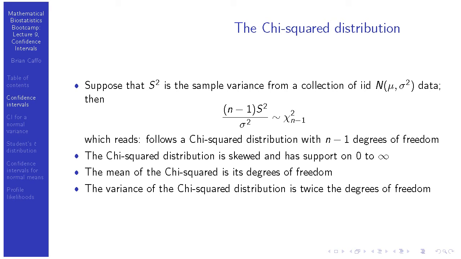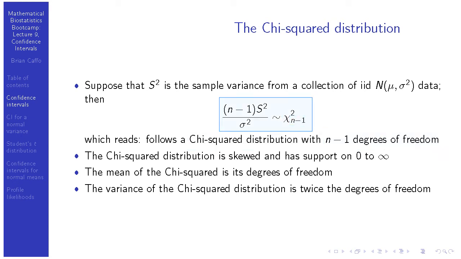Remember that S squared is the notation we've been using for the sample variance. Let's further assume that the data that comprise the sample variance are all IID normal with mean mu and variance sigma squared. Then n-1 times the sample variance divided by sigma squared is a random variable that we call a chi-squared random variable, and the chi-squared distribution has an index that differentiates between different chi-squared distributions, which we call the degrees of freedom.